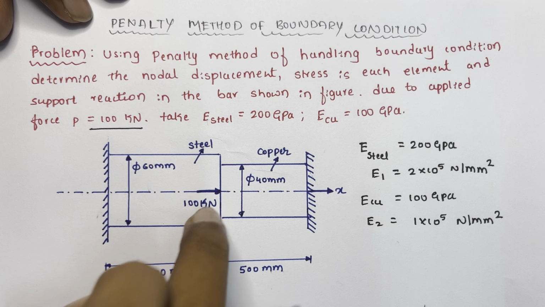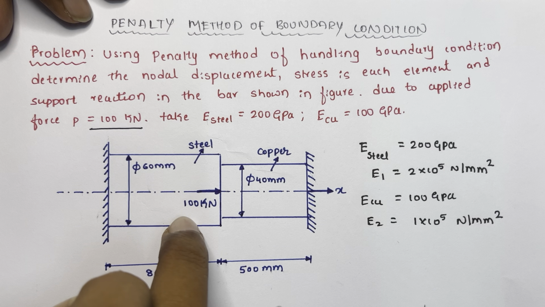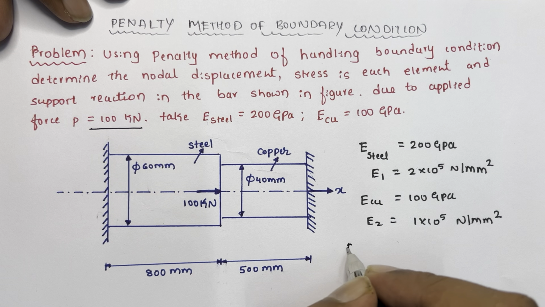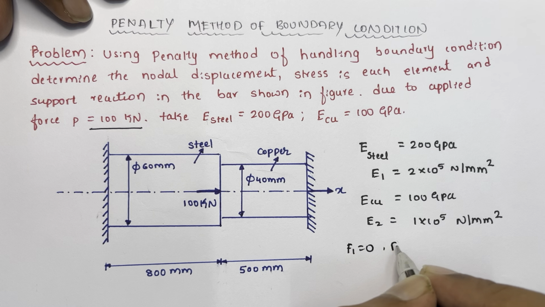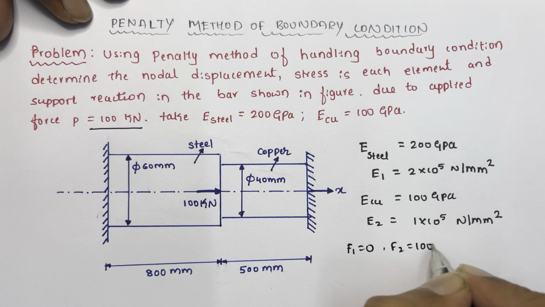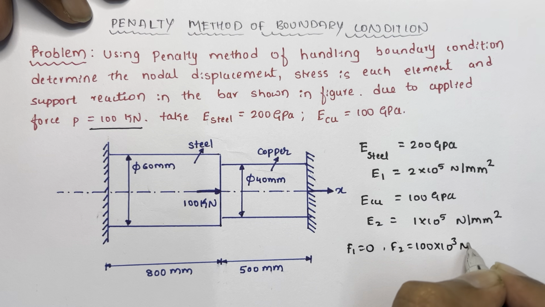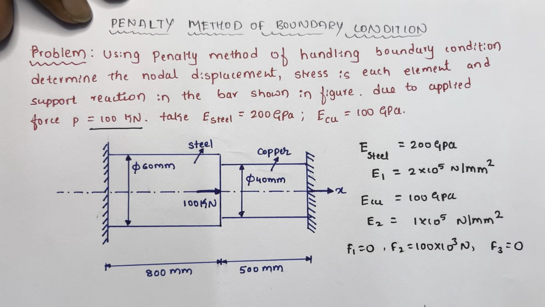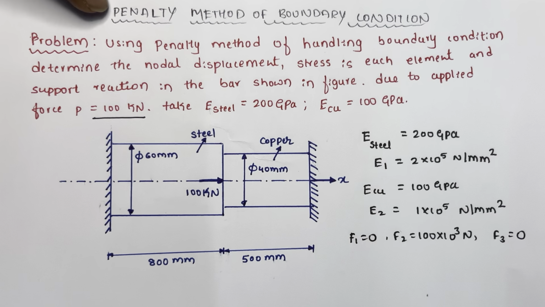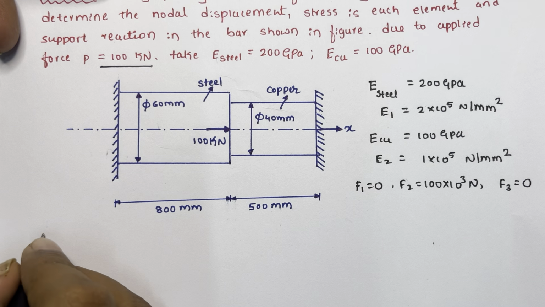At node 2 the force will be 100 into 10 raised to 3 Newton. Here F1 is equal to 0, F2 is equal to 100 into 10 raised to 3 Newton and F3 is equal to 0.